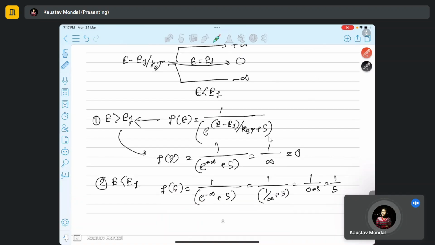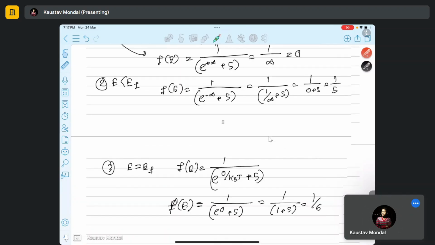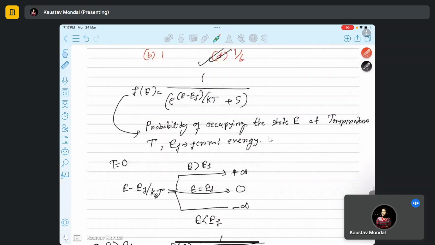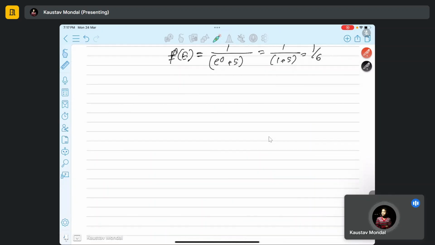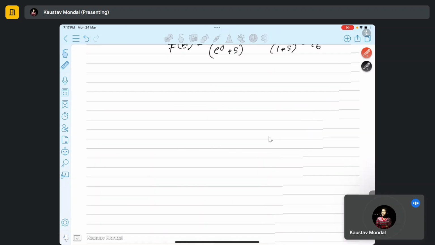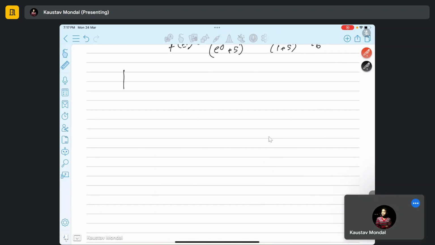But in the problem, you have to find out for the case E equal to Ef, that gives you 1 by 6. And also, if you want, you can draw the energy level just like the previous one. Here also, you can draw the function as a function of E. So this is the Ef. Let me draw a bit closer.